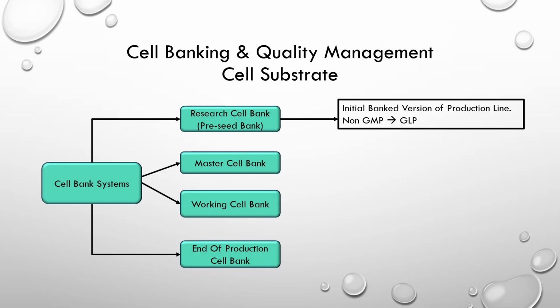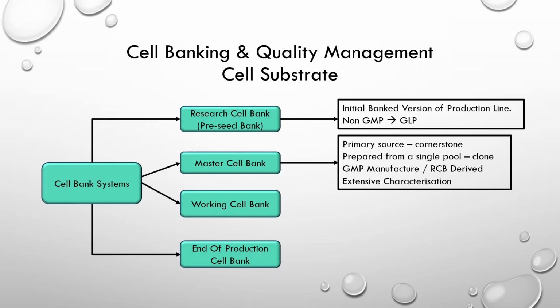So for our cell substrate, we select a clone from your research cell bank, and the clone is then expanded and pooled to form your master cell bank. Your master cell bank is your primary source and it's the cornerstone. It's prepared from a single pool, so it could be a clone, and it's GMP manufactured, derived from your research cell bank, and it is extensively characterized.